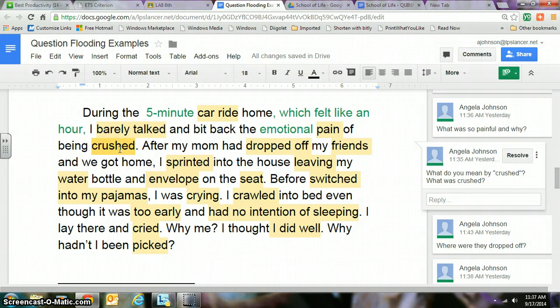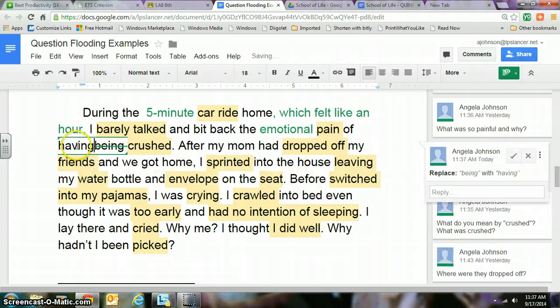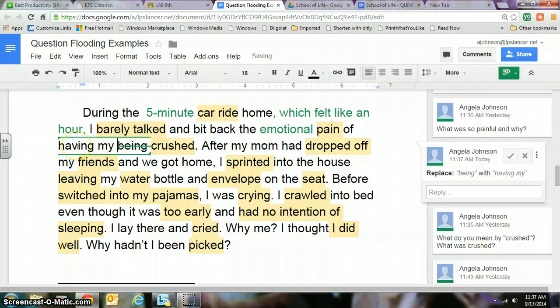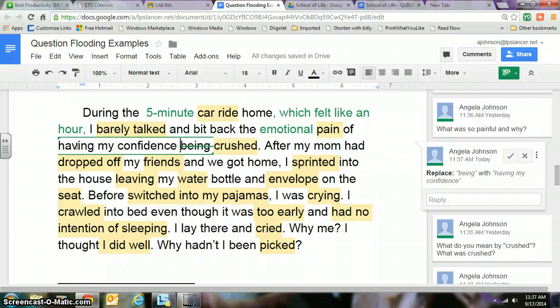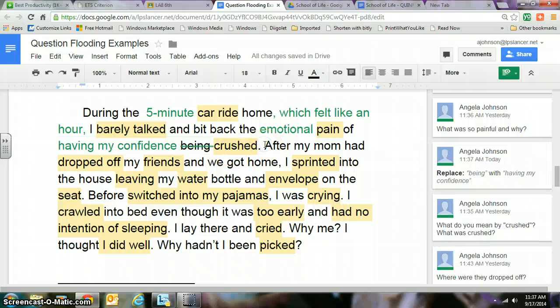What was crushed? The emotional pain of having my confidence crushed. That, I like that. That makes it clear. And I like the C, confidence crushed. It's alliteration, right? With 2 C's at the beginnings of words. I like the way it sounds.